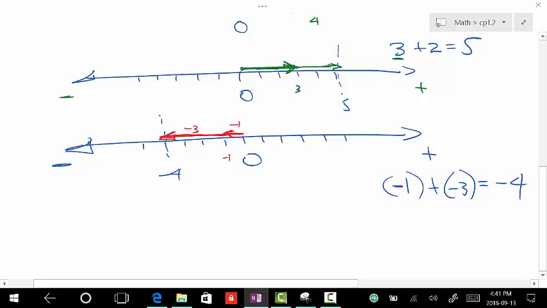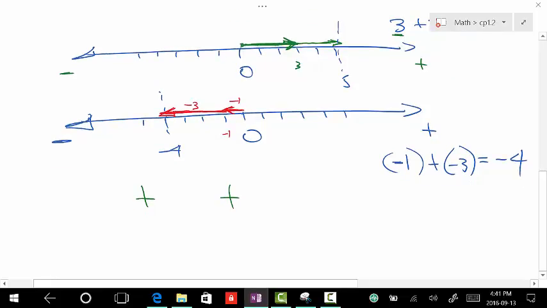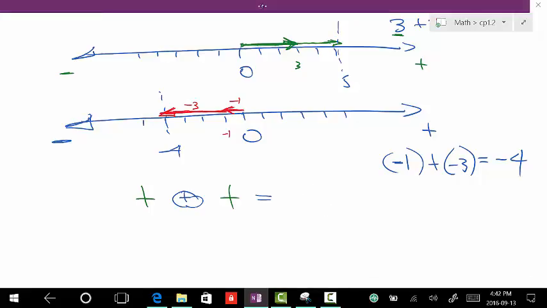If you have two positive numbers and you're going to add them, what will happen is if you add the two positive numbers, you get a positive number.